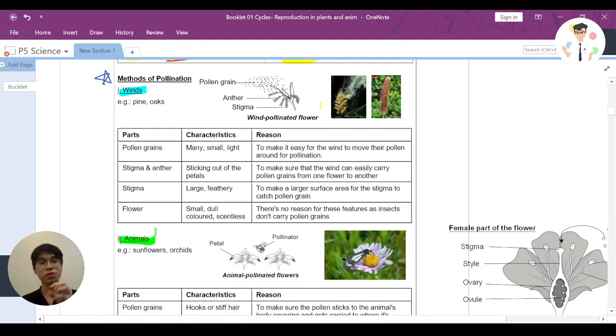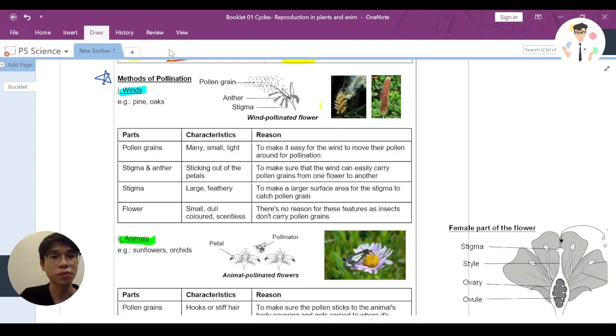Now, because of the different methods of pollination, it changes how the flower looks. Again, I repeat, because of the ways of pollination, it changes how the flower looks. That's why wind pollination has different characteristics, and animal pollination has different characteristics of the plant. So it's very important to take note of.